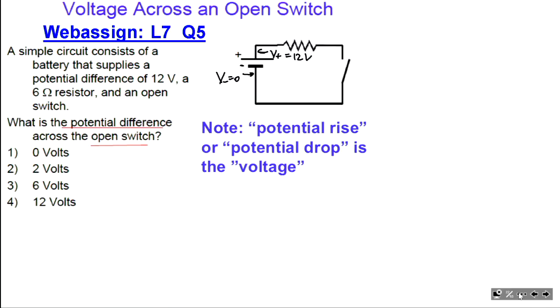This resistor R has a resistance of 6 ohms. So Ohm's law, which relates the voltage, current, and resistance, tells us that electric current through the resistor should be equal to 12 over 6, 2 amps.